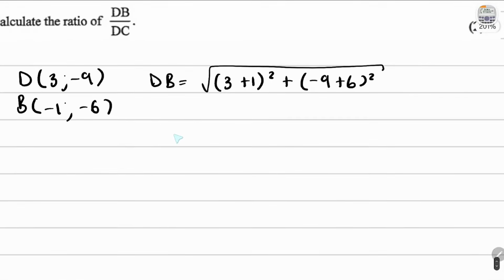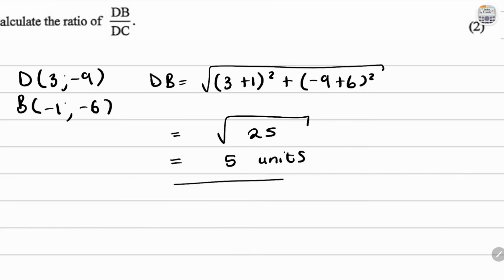So the square root of 4 squared, which is 16, plus 3 squared, which is 9. 16 plus 9 gives you 25, so that is the square root of 25, which is equal to 5 units.